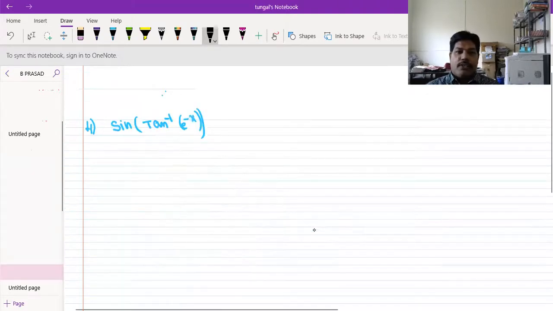See the next question: sine of tan inverse of e power minus x. See how to solve this question here. Take the problem first.